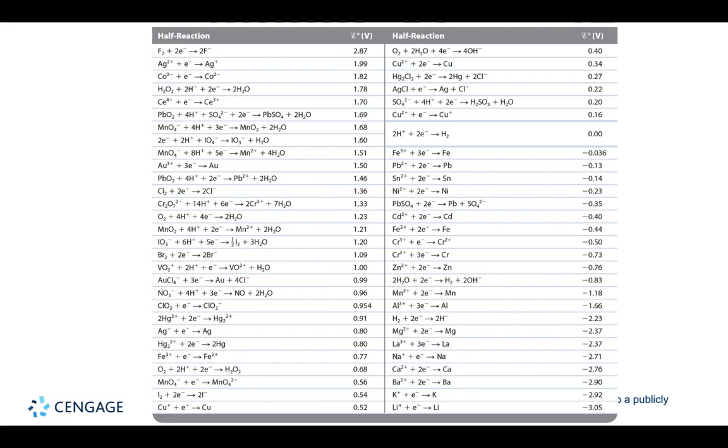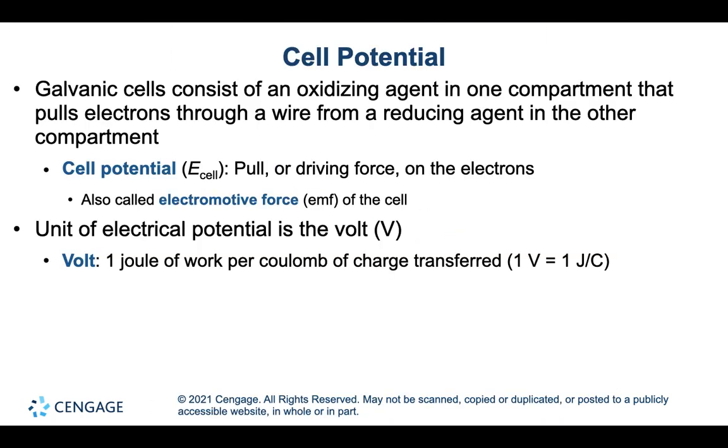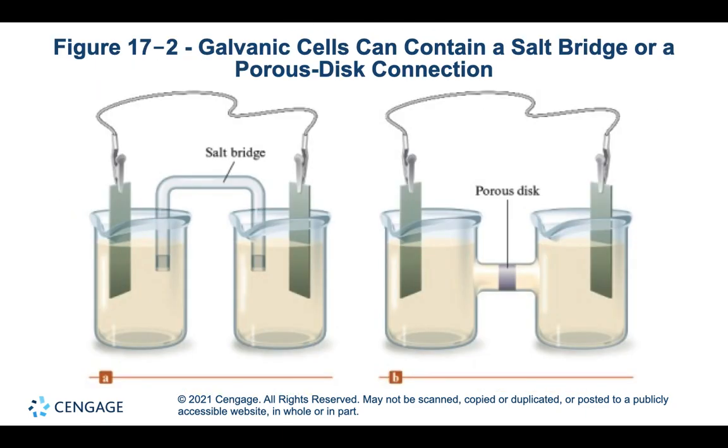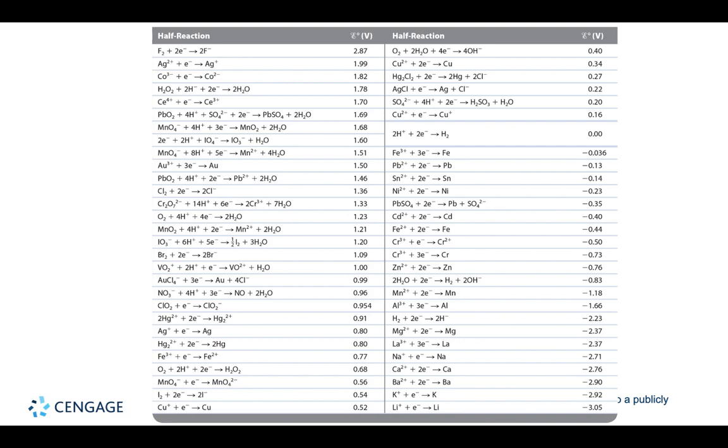And so to get the two reactions that are going to be happening, for example, permanganate and H plus reacting on one side, Fe plus 2 and Fe plus 3 on the other side, what we would do is we would look up those reactions in this table.